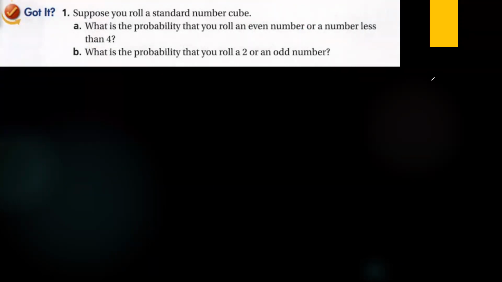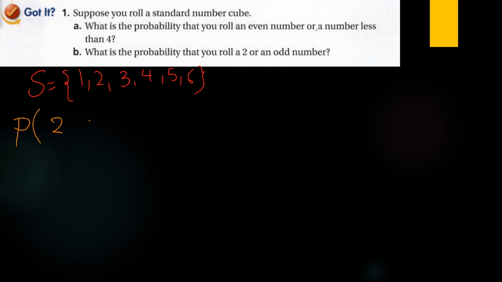Now B. What is the probability that you roll a 2 or an odd number? So here let's write the sample space: 1, 2, 3, 4, 5, and 6. Now here, probability of rolling number 2 or an odd number.